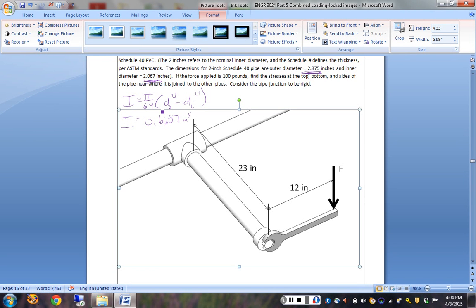So if we've got bending, we know we're going to have normal stress due to that bending moment. If we have torsion, we know we're going to have what kind of stress? Yeah, that kind. Doorknob stress? It's shear, though. Shear stress.